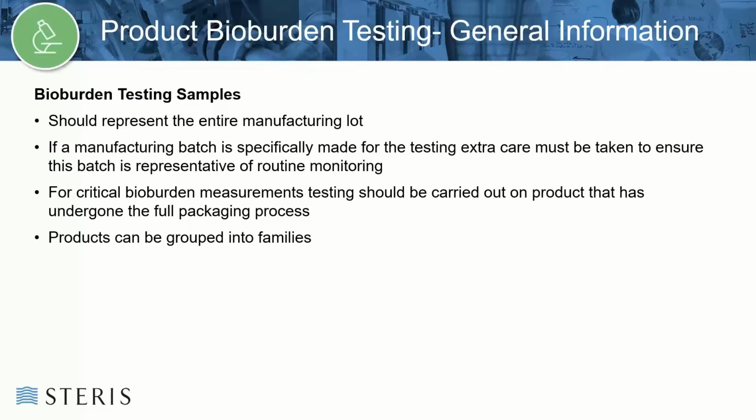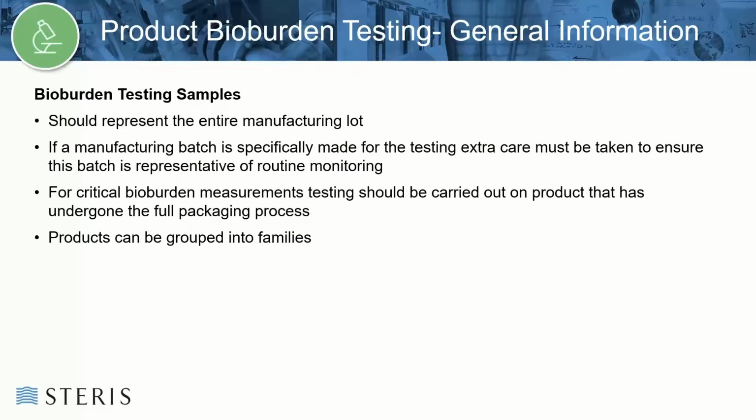Product can be grouped into families based on the following: device size and design, raw materials, manufacturing processes, and the manufacturing location, environment, or people. For each product family, a master product can be selected. The product chosen should be representative of the whole product family.